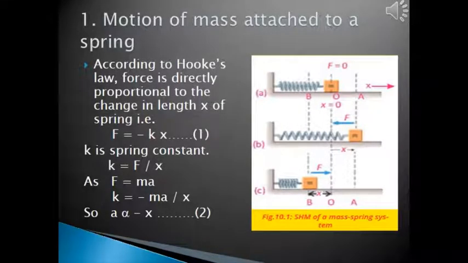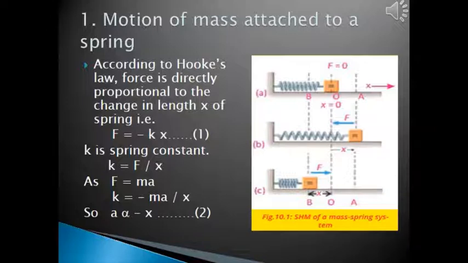Moving on to the first example of simple harmonic motion, motion of a mass attached to a spring. First of all, to understand the concept, please see figure 10.1. The spring is attached to a mass m. When we stretch the mass with some force, the spring will also stretch. And we also know that a spring stretches and compresses when a force is applied and removed from it.